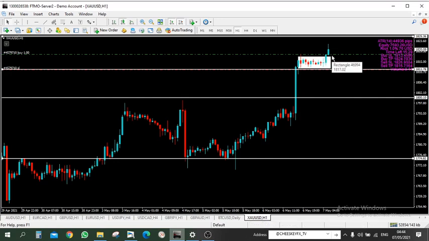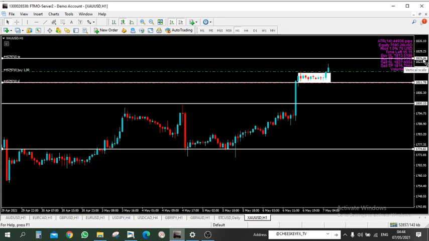I'm waiting for market to close above this box because I know my next zone is 1825. So the immediate market closes above the box, what happened?